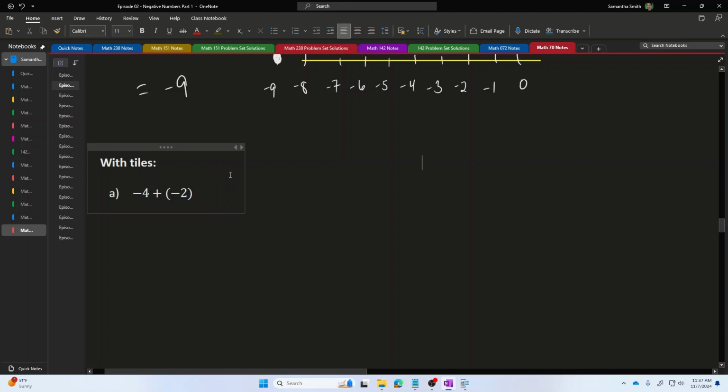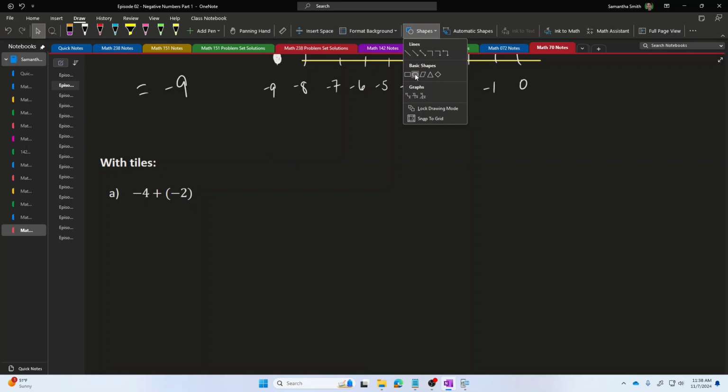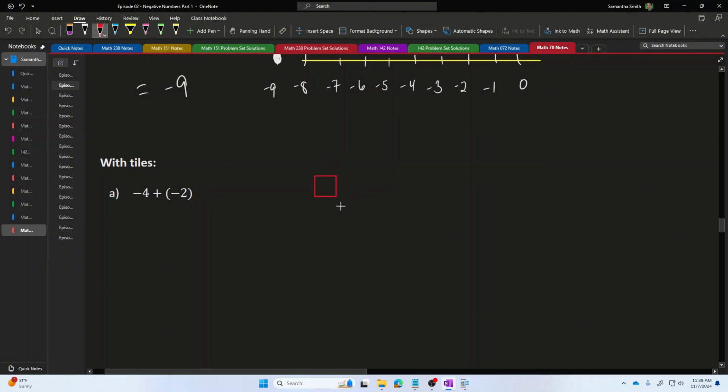So I'm already in debt, but now I am adding an additional debt of 2 units. So I'm going to be worse off than I was before. In a situation like this, one way to represent this problem is to use a token, for example, a red square, to represent the negative numbers.